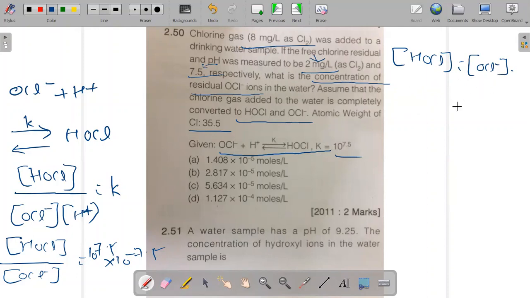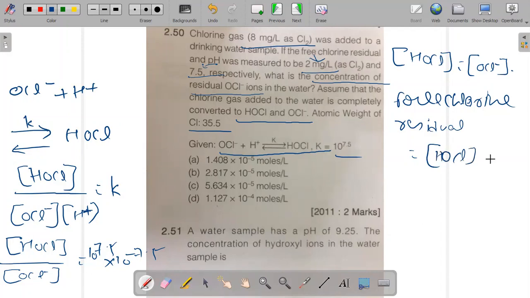We'll get these two values, and after that we have the free chlorine residual. Give me a second, guys. Yeah, free chlorine residual. We have the value of HOCl plus OCl minus.